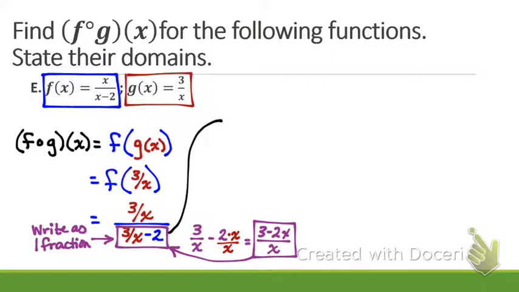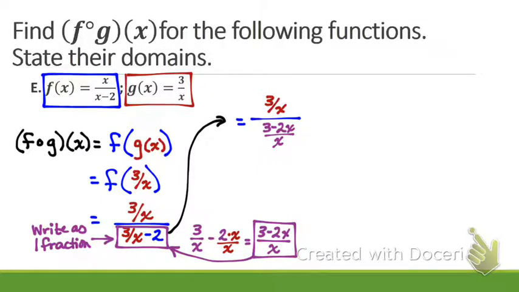I'm going to bring all my work up here, though, because I ran out of room. So I still have 3 over x in my numerator, but my denominator is now 3 minus 2x over x. Fraction on top of a fraction, which is gross looking. What does a fraction mean?